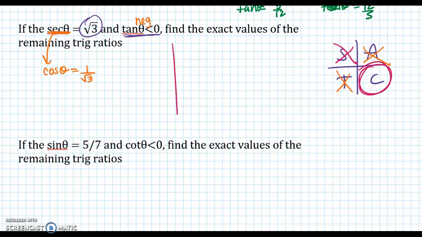So let's draw that. And again, your picture does not have to be perfect, but your terminal side is going to be here. You're going to make your right triangle with the positive x-axis. So my cosine is 1 over root 3, which means the hypotenuse is root 3, and the adjacent side is 1.